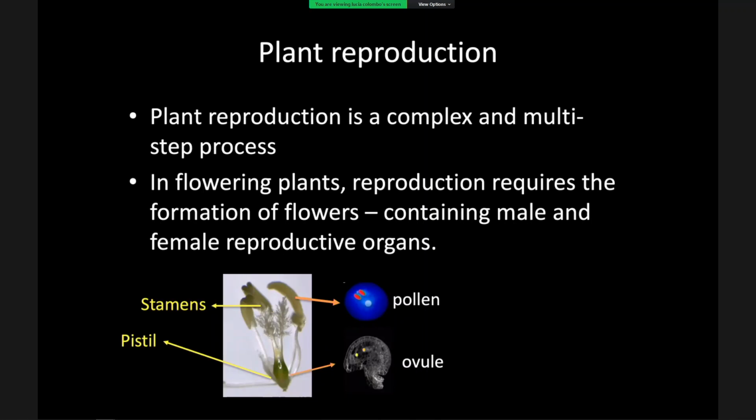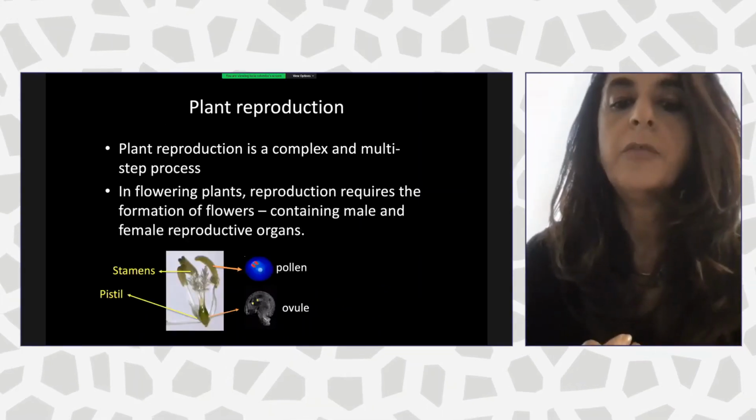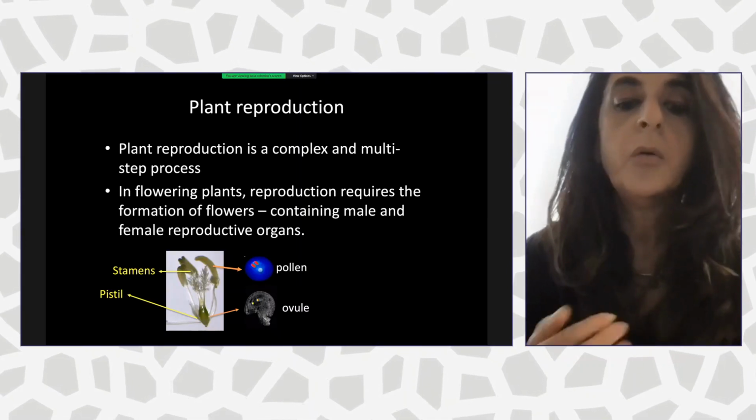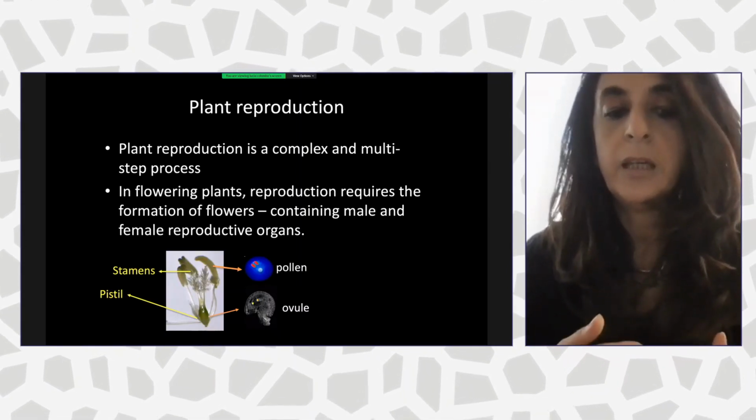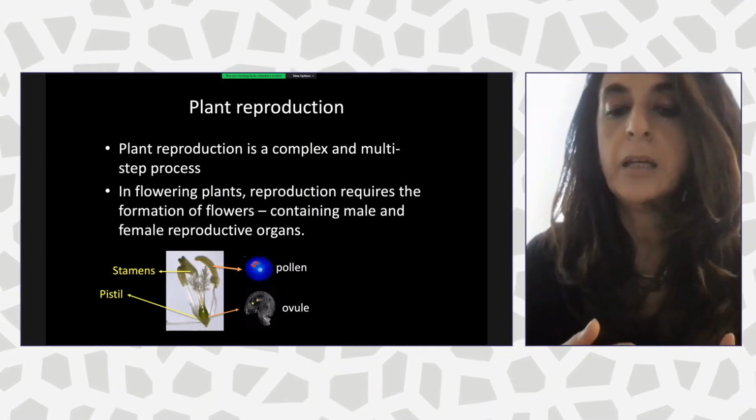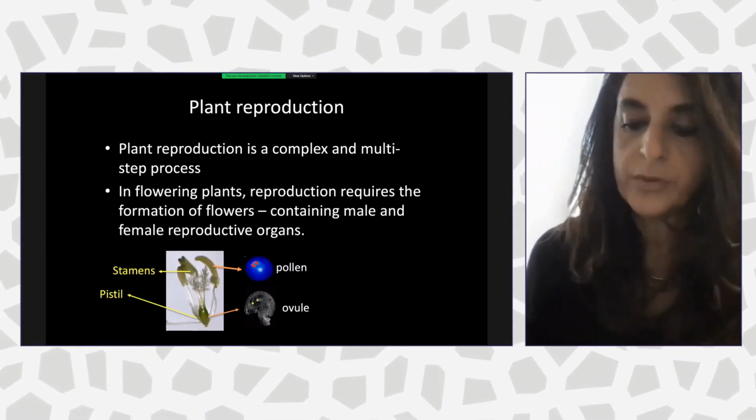The male gametes are formed inside the pollen that itself develops in the stamen, whereas in the pistil, the female gametes are formed inside the ovules.